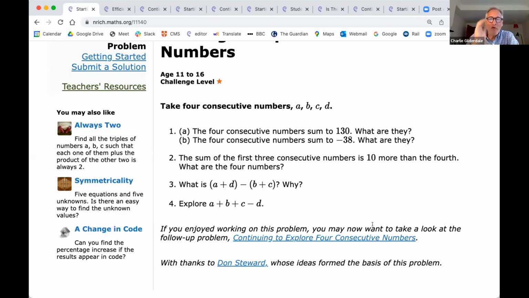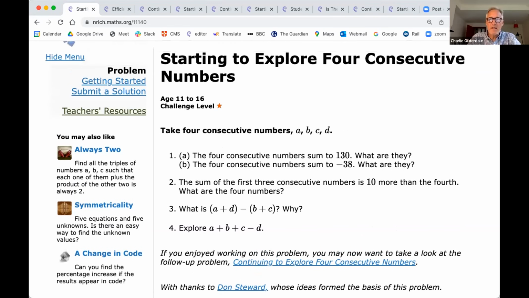So there are four separate questions in this first problem on starting to explore four consecutive numbers. And we thought that to start with, we'd ask you to have a go at question 1A. So you've got four consecutive numbers, and you know they add up to 130. And the question is, what are the four consecutive numbers?